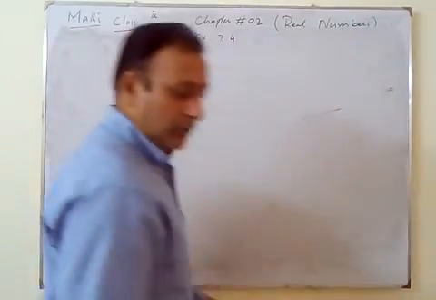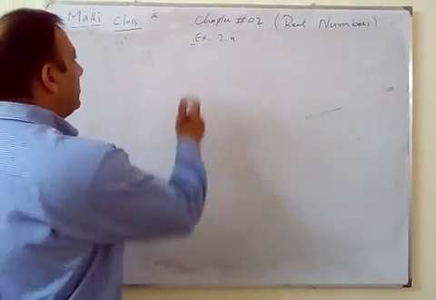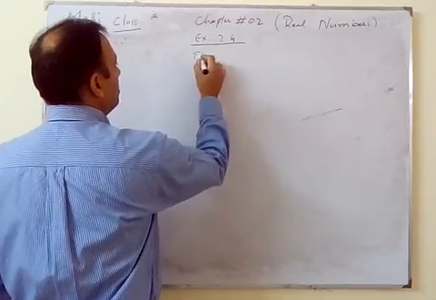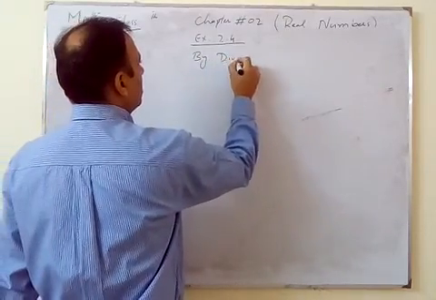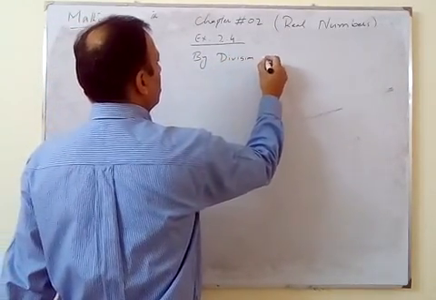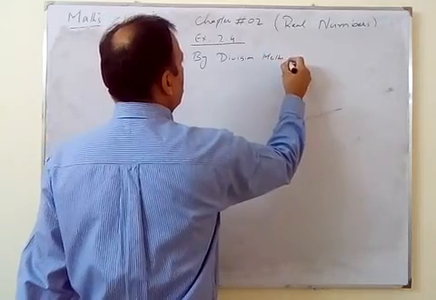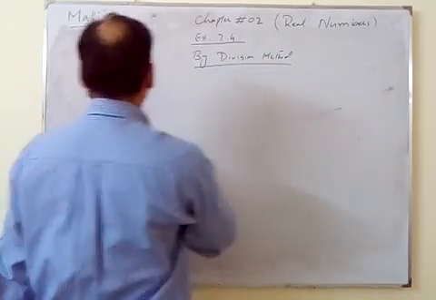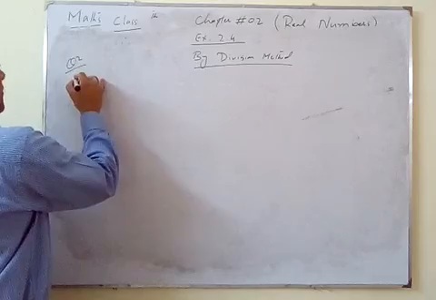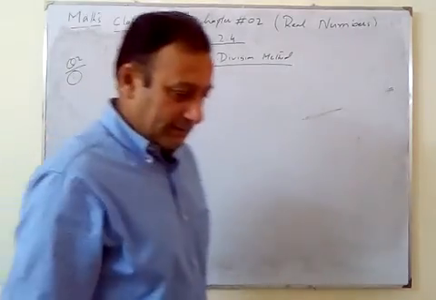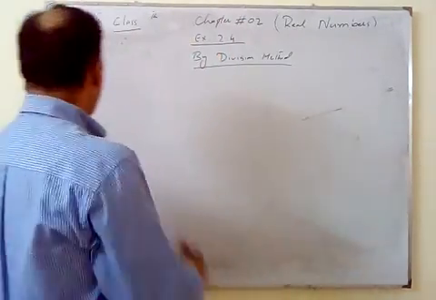Now the question number 2, find the square root by division method. By the division method, question number 2, part 1, that is 144 by 225.